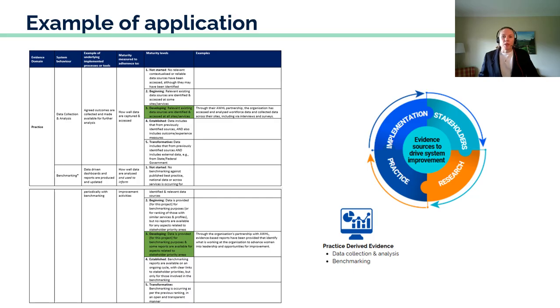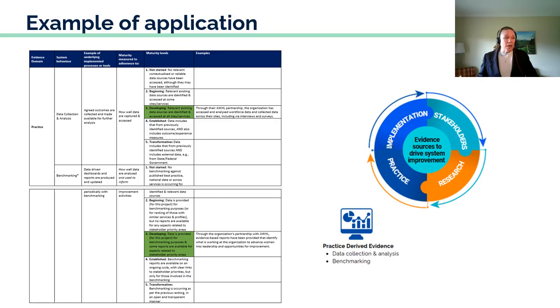If we jump forward just to have a look at the practice domain, in this domain, the evidence comes from current practice and data. So it looks at what's already happening in the organisation to inform the next steps. So here the organisation might look at how well data they have are captured and accessed.